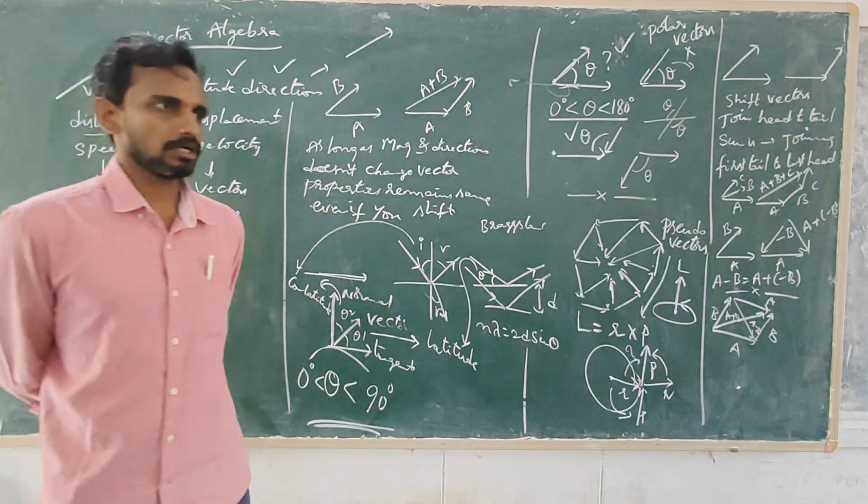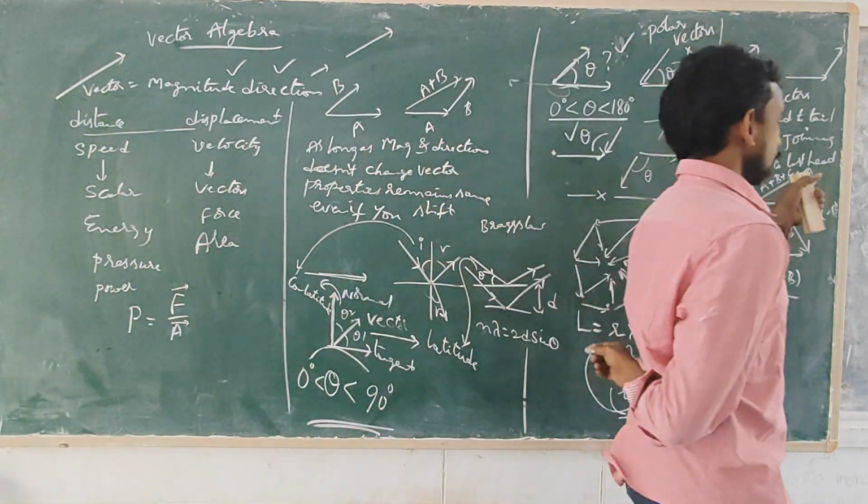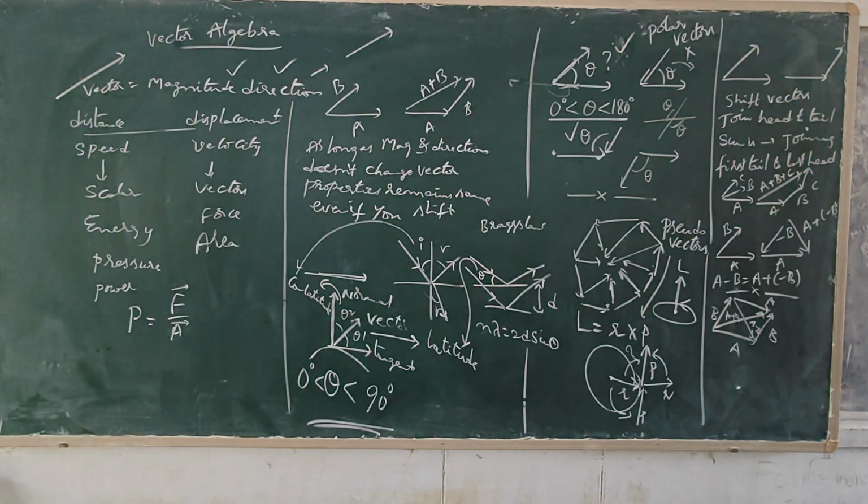So both are the same, the entire activity is also the same, but in the parallelogram law you are calculating both a plus b and a minus b at a time. Right? So one way you are constructing a triangle, just like what you are doing here. You are shifting the vectors and constructing a triangle. The rule is the same.